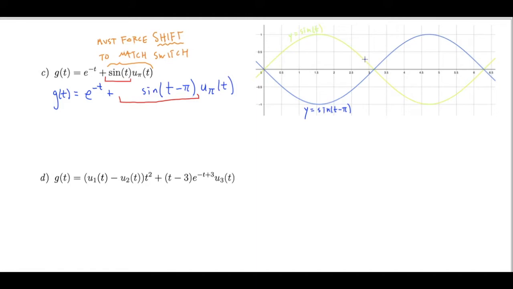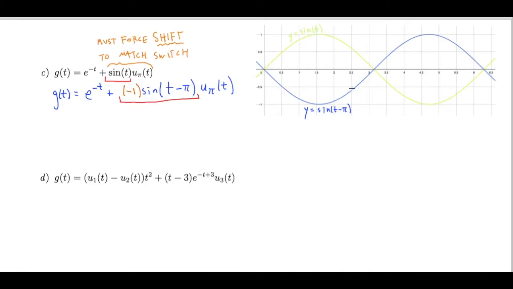But again, I need these two to align. I need them to be equal. So in this particular case, it's relatively easy to accomplish that. I just need to take this blue function, which is what I have now, and reflect it across the x-axis. I accomplish that by multiplying it by -1.